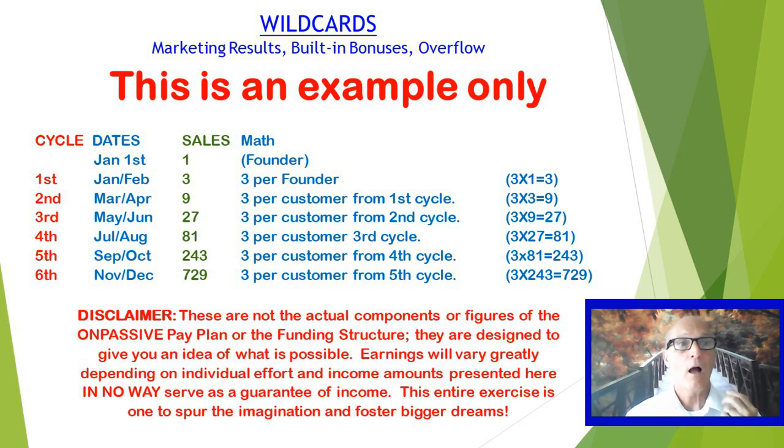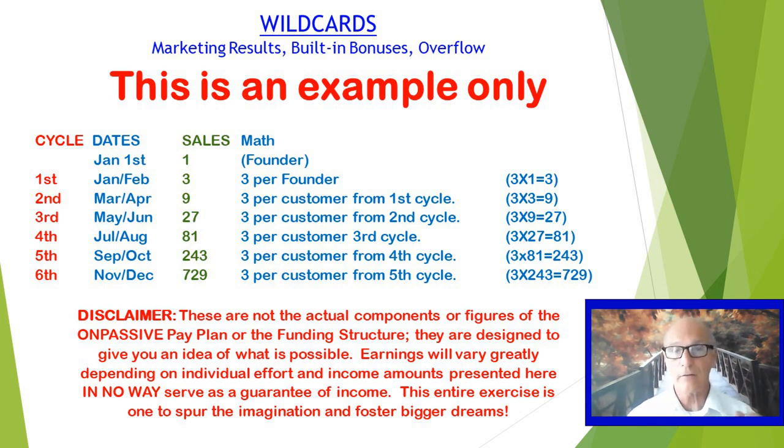Now, remember, what we just laid out is the expectation for a single founder that's doing nothing to help generate success, right? It's a founder that's sitting back and is counting on the system to go through its processes and do it all for them, which it will do. Under this scenario, the member ends up with commissions on just over 700 sales, right?